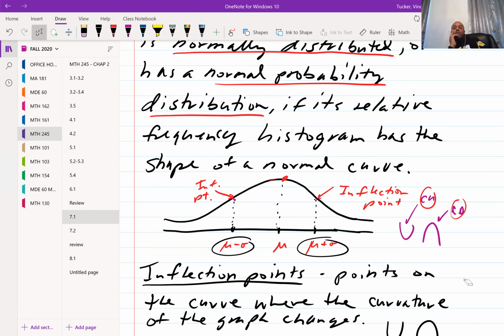So inflection points on the curve is where the curvature of the graph changes. So we talk about the curvature, talking about where it changes from being concave up to concave down. And so concave up is this U shape right here. Concave down is when you flip that.